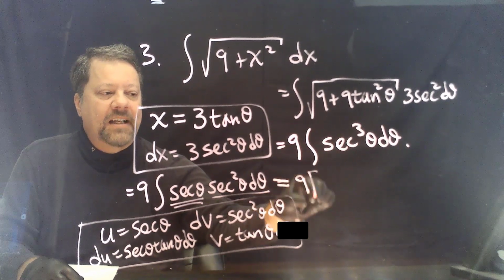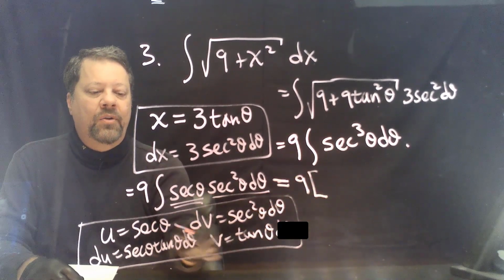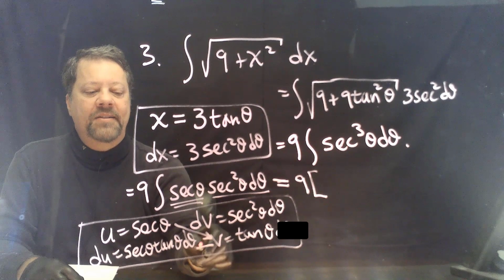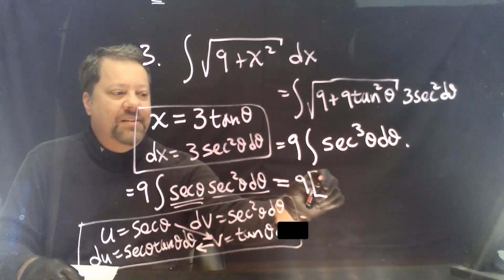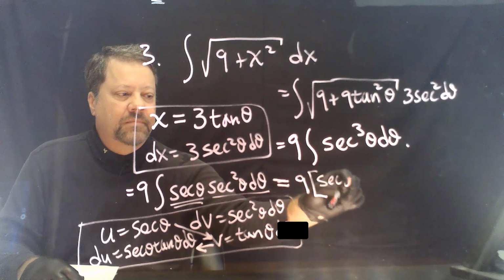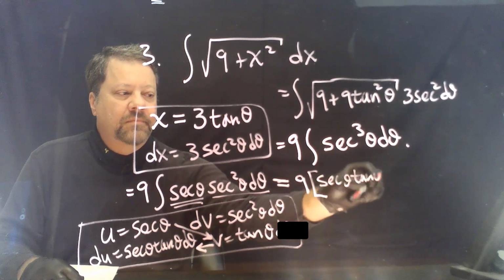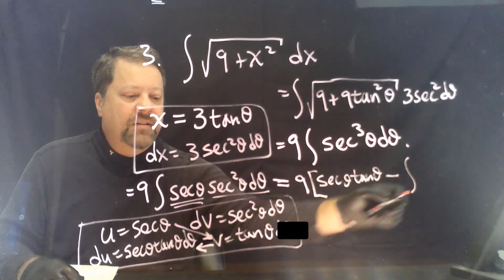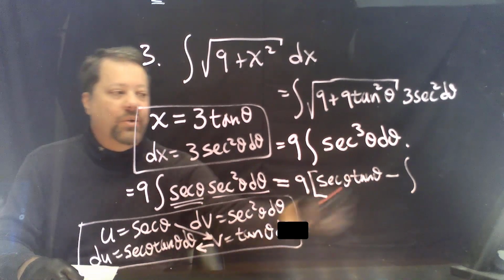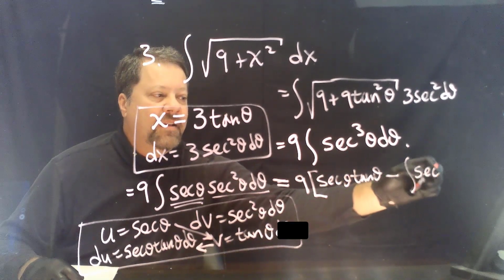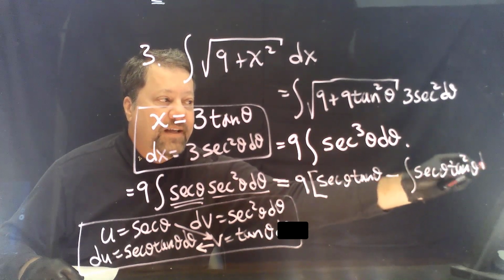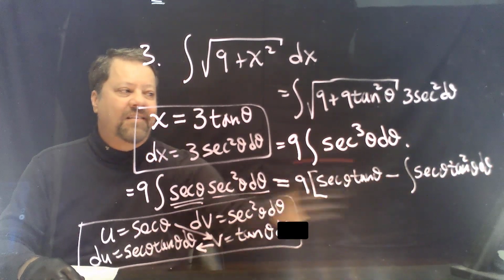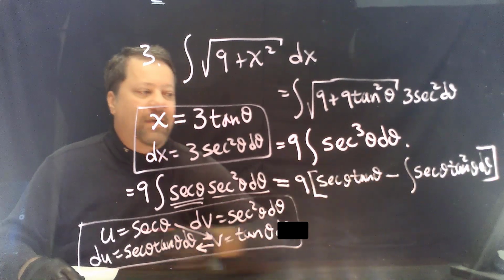We get 9 times uv minus integral v du. So we'll have secant tangent minus the integral of v du. That's secant theta tan squared theta d theta in square bracket.